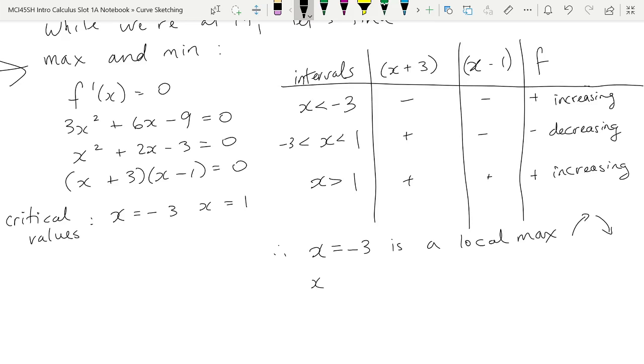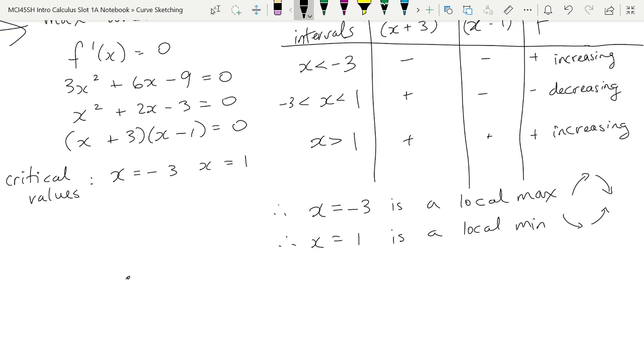And x equals 1, put another therefore on it, is a local minimum. And I know that because, again, it was decreasing approaching 1, but then increasing after 1. And you could then make a full conclusion, give me the exact point, go back to the original function, plug in -3, it'll get 19.